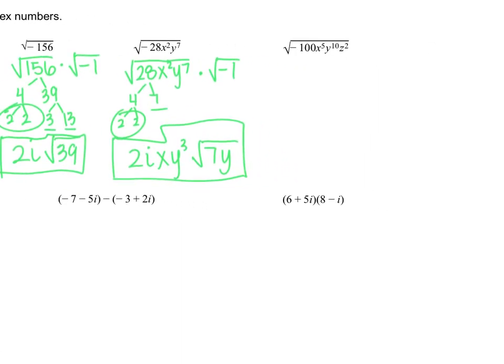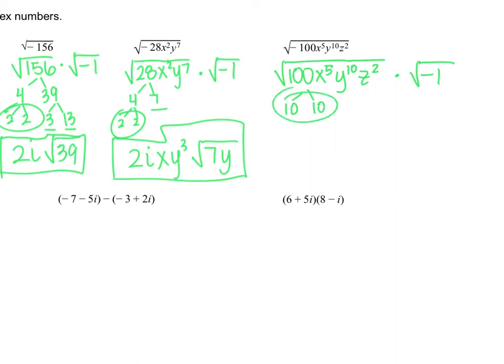Our last example is the square root of -100 x to the 5th y to the 10th z squared. We're going to break it down like the previous examples: 100 x to the 5th y to the 10th z squared, and then times the -1. 100 is a perfect square, and it breaks down as 10 times 10. So we're going to have 10i. And then x to the 5th has 2 groups of 2, so we're going to have x squared.